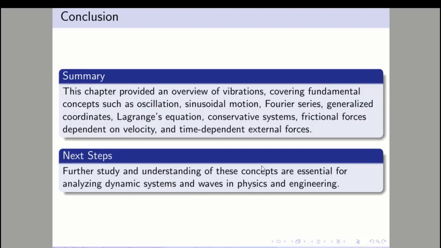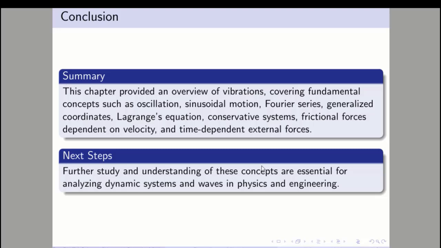Finally, I think we have been talking about some important parameters and expressions in vibration, such as sinusoidal motion, oscillation, Fourier series, and also generalized coordinates and the Lagrange equation, which are the most important basic tools in order to dive deep into vibration.